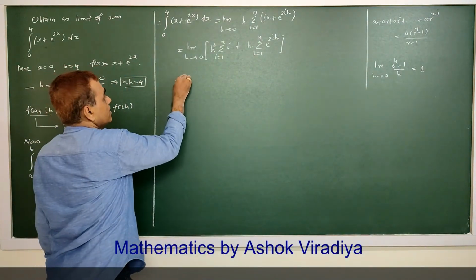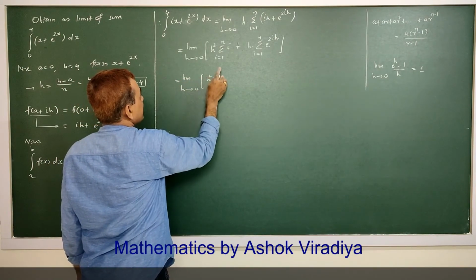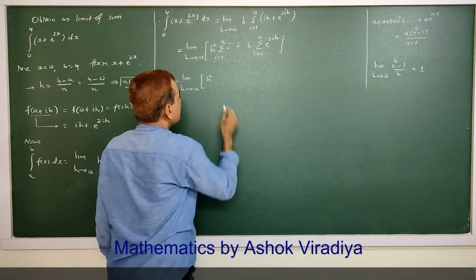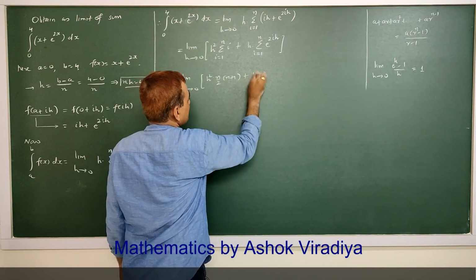Now limit h tends to 0, h square into sigma i from 1 to n is n by 2 into n plus 1.